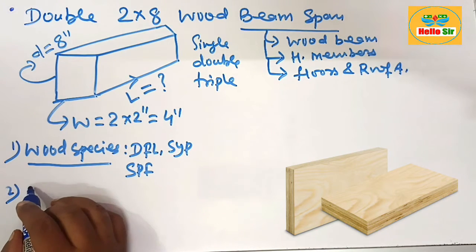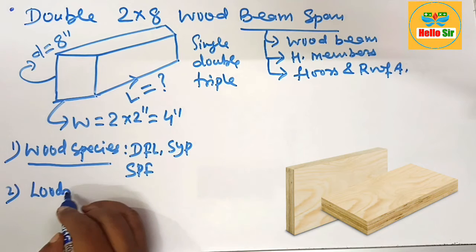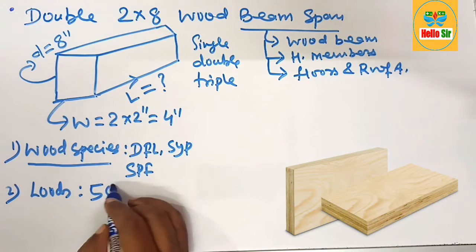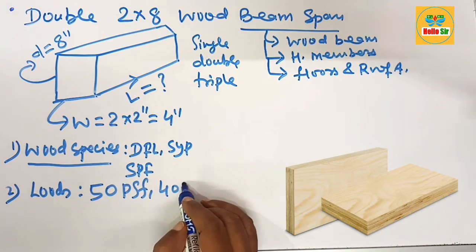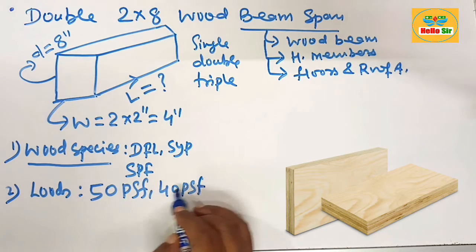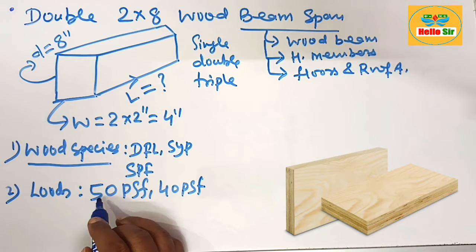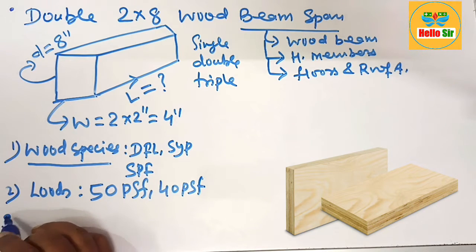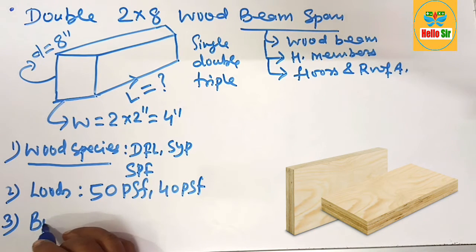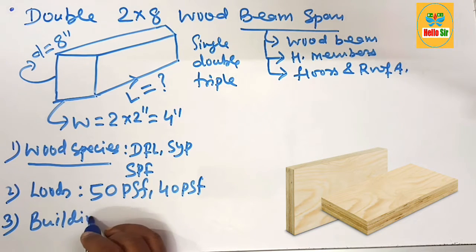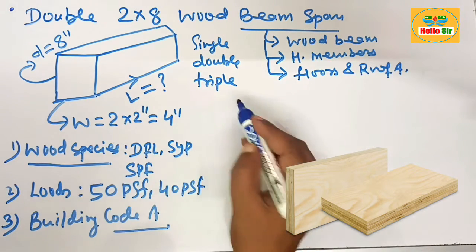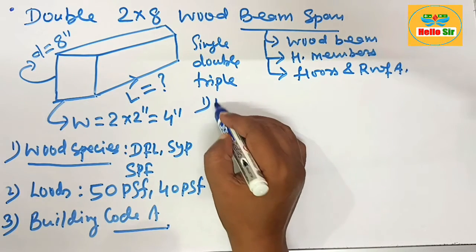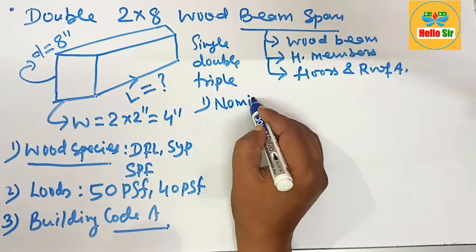The second factor is the expected loads, which may be 50 pounds per square foot or 40 pounds per square foot, consisting of dead load and live load. And the third major factor is the building code in your area.